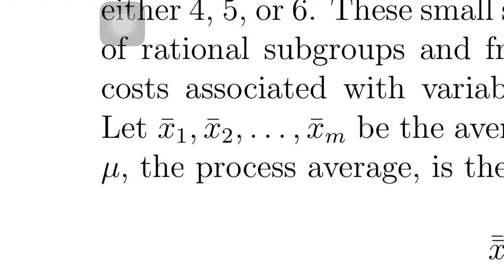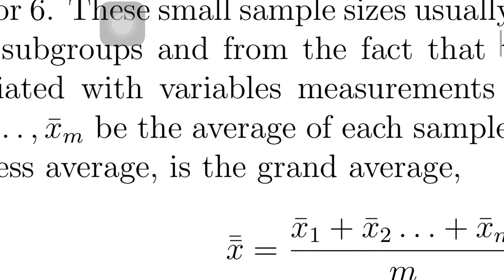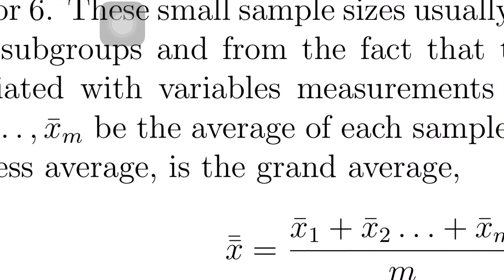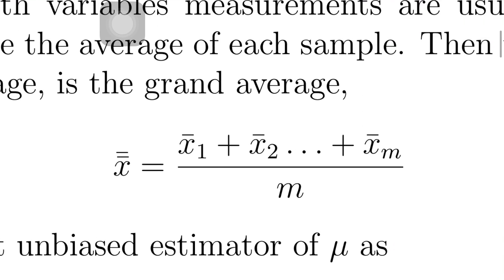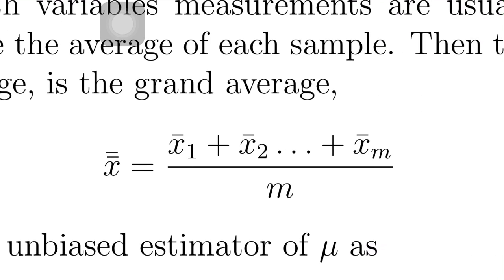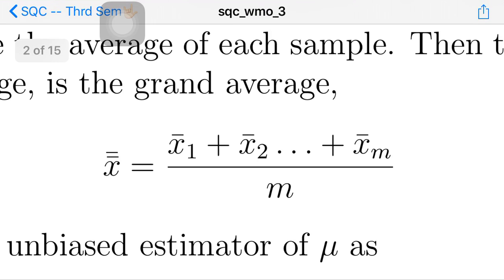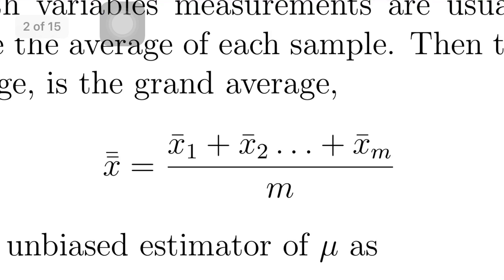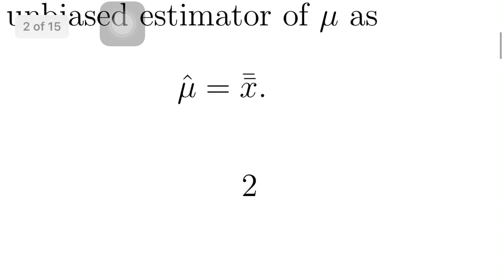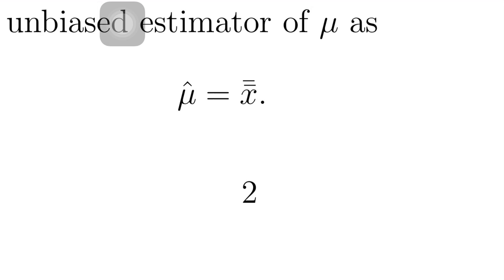Then the process average mu is estimated by the grand average x double bar, which is equal to x1 bar plus x2 bar plus etc. xm bar divided by m. We take this grand average as the best unbiased estimator of mu. So mu is estimated by mu hat, which is equal to x double bar, right?